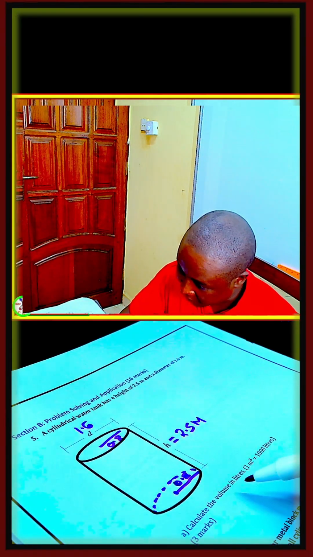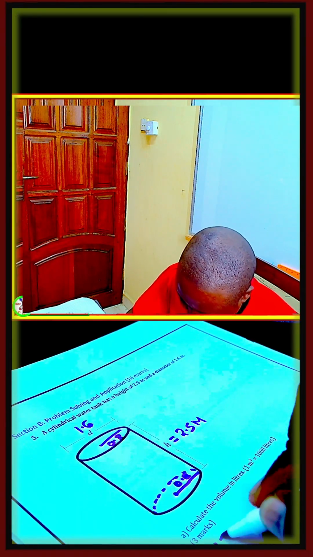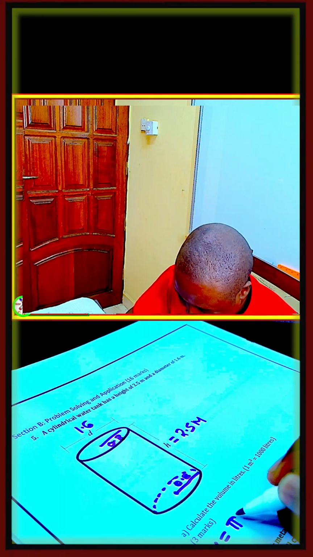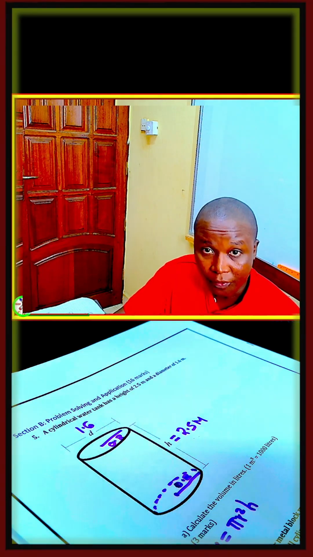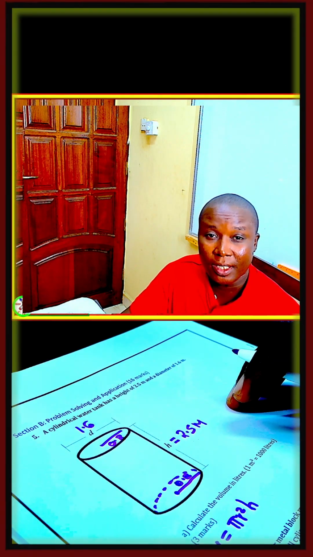Now calculate the volume. Volume is equal to pi r squared h. Pi times the radius squared times the height will give us the volume of this water tank. So that is going to be pi times the radius 0.8 squared times the height, which is 2.5.